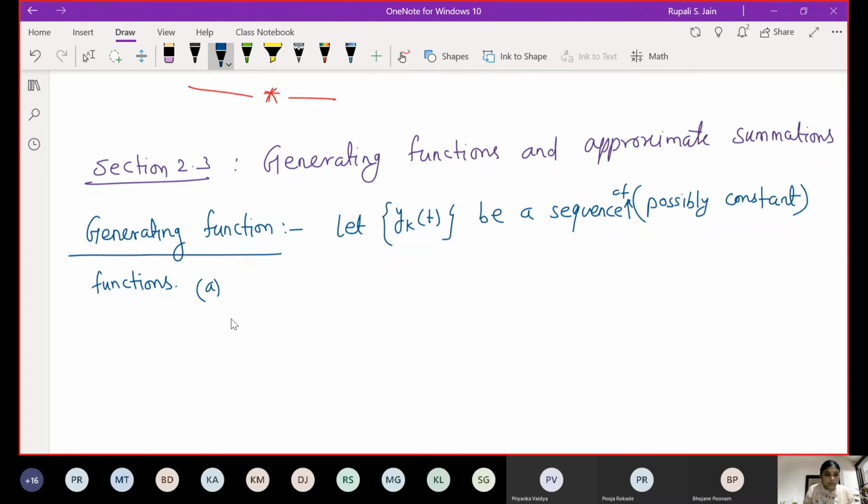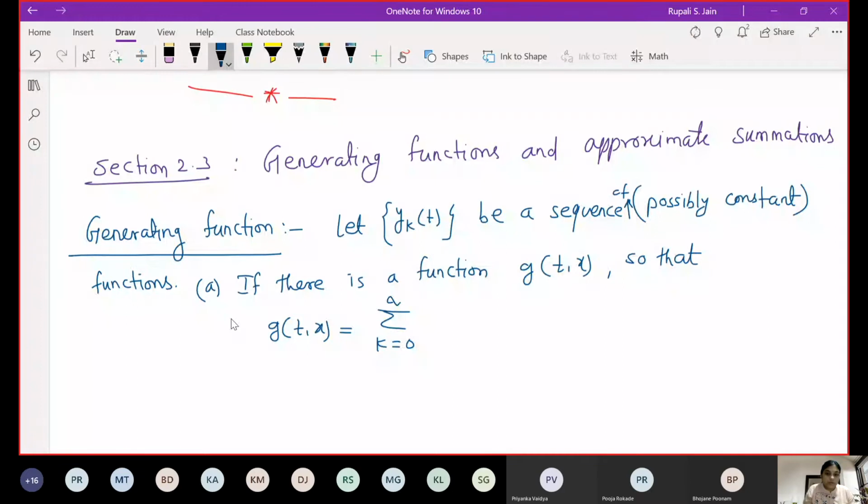If there is a function g(t, x) so that g(t, x) is equal to summation k is equal to 0 to infinity of y_k(t) x raised to k, for all x in an open interval about 0, then this small g is called the generating function.